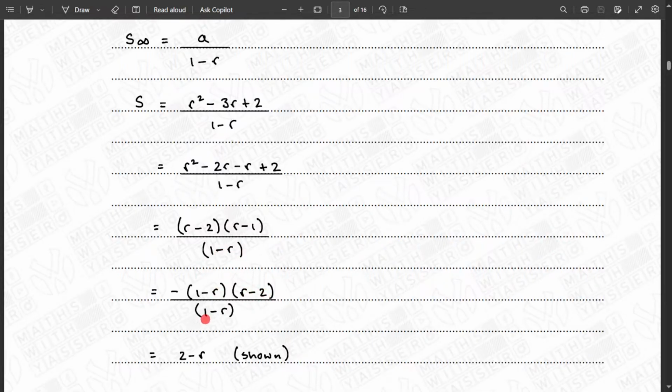And we have 1 minus r in the denominator as well. So then we can cancel out 1 minus r from both sides. So we are left with minus (r minus 2). If we expand the brackets, then it will become 2 minus r. And that is what we needed to show.